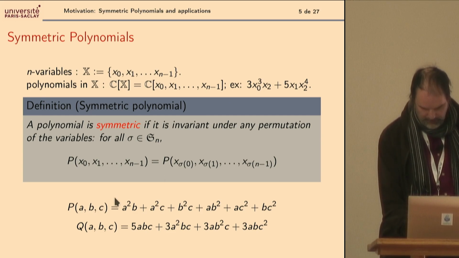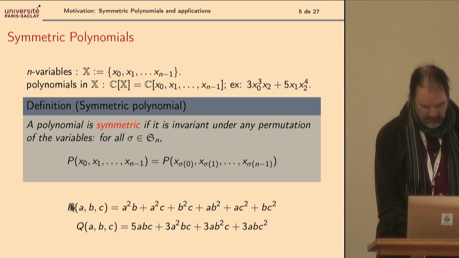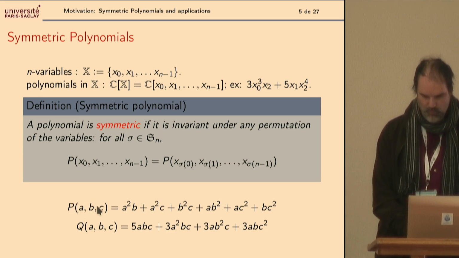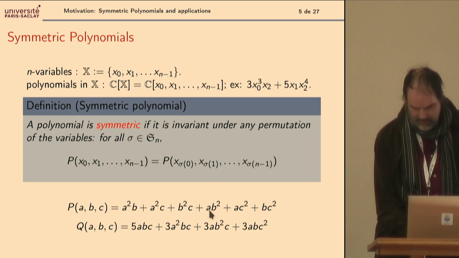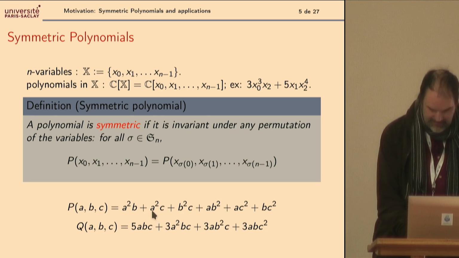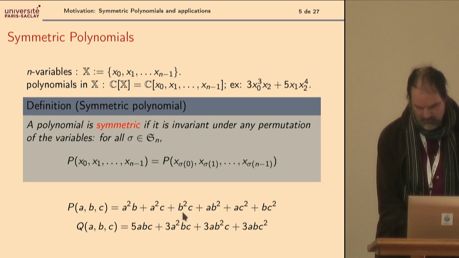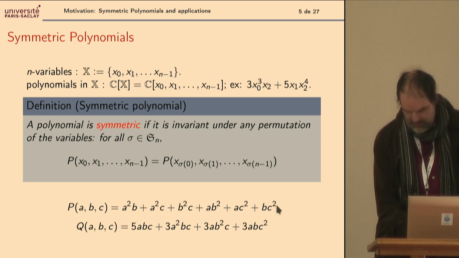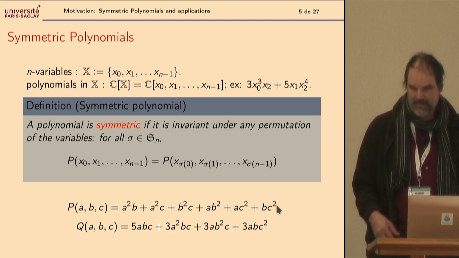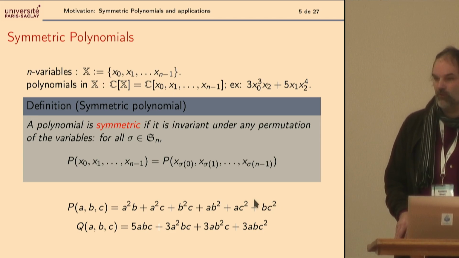So for example, if you look at this polynomial and you exchange a with b, then a²b will become b²a, a²c will become b²c, and ac² will become bc², and so on. So those are two examples of symmetric polynomials.